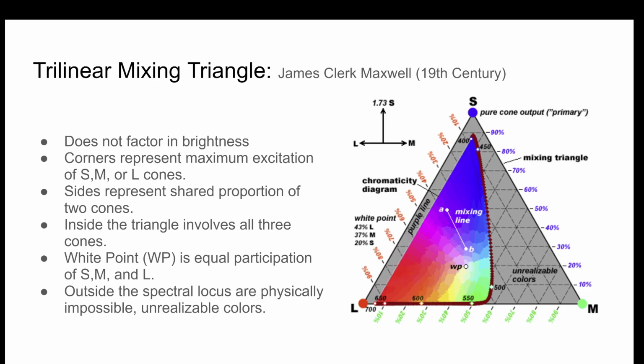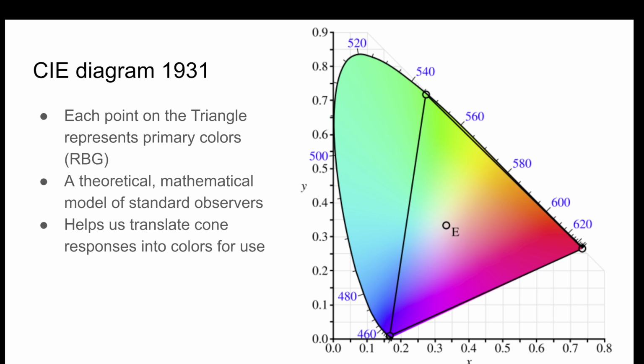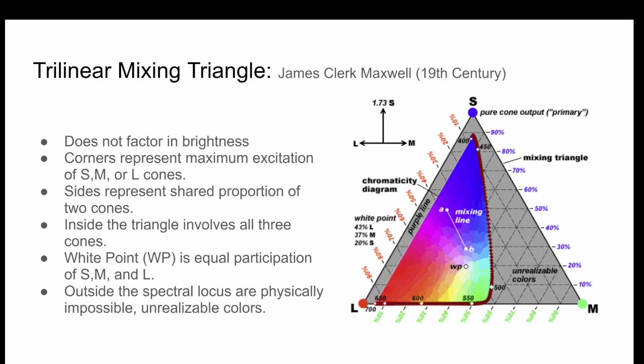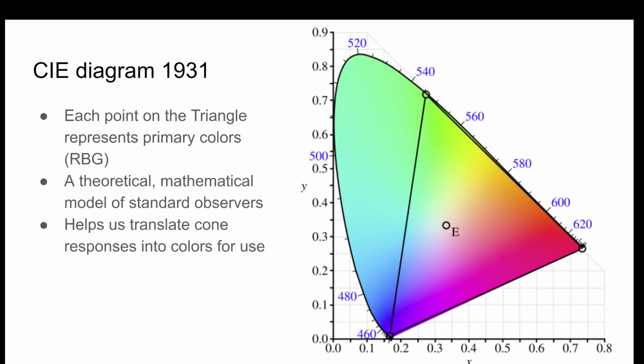So then we thought about, okay, so you take this kind of triangle that's based on cones in the eye, and how do you translate that into a type of color that you can reproduce digitally, like when you get on a screen and you look? We talked about a French organization called the CIE, which did a lot of work to try to standardize color.